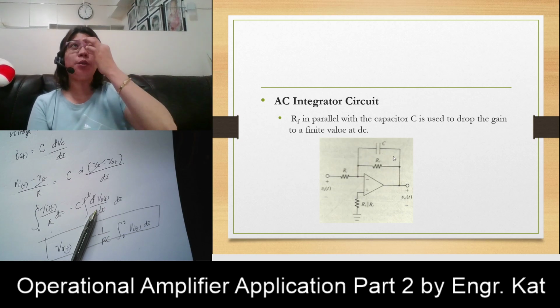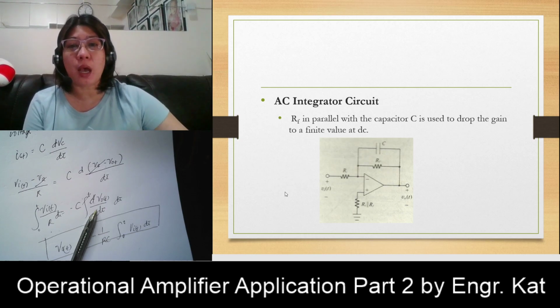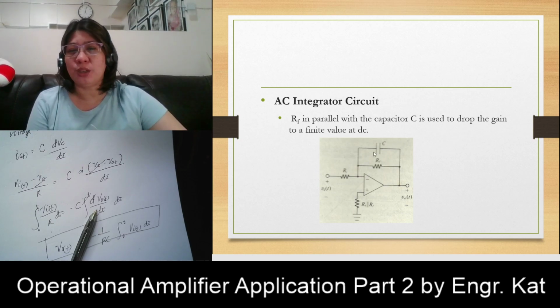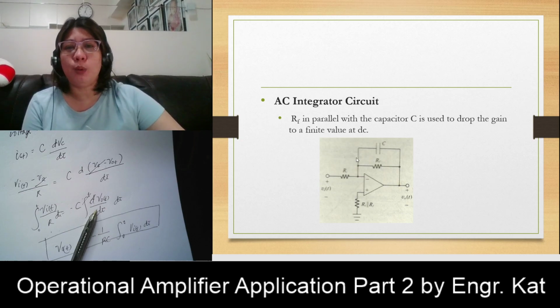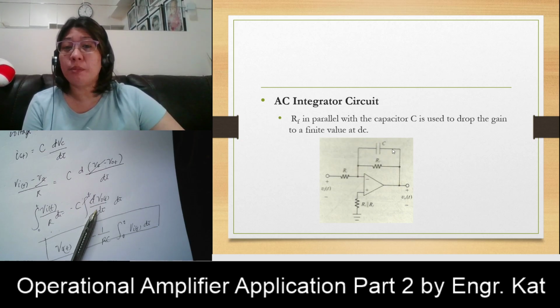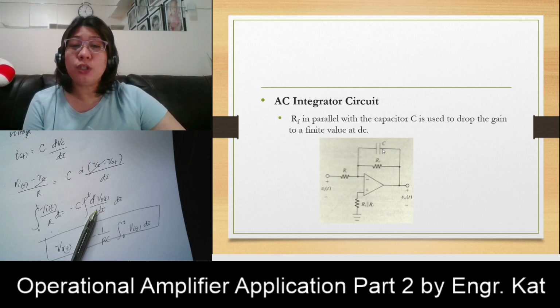Because if we don't have an RF here and you're operating in DC condition, at a very, very low frequency, what happens to your capacitor? It becomes an open circuit. So without this RF here, you're just having an open loop connection, and that open loop connection is no more an integrator circuit.